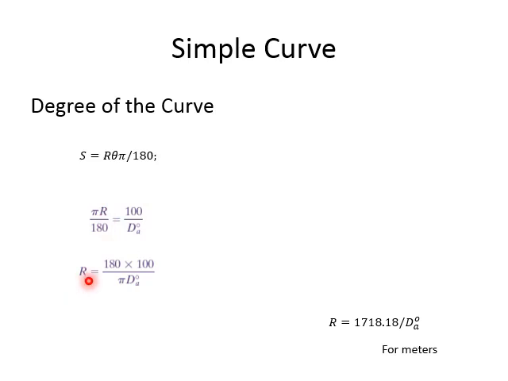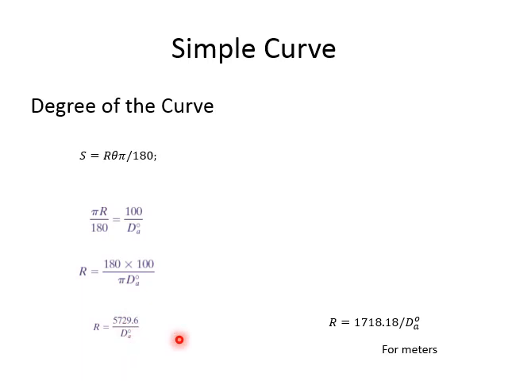And from this equation, you can get the value of R. Now in this equation, you have 180, 100, and pi. All of them are constants, so instead of having these three numbers, you can convert them to one constant number, which is this. So R equals 5729.6 upon degree of the curve.